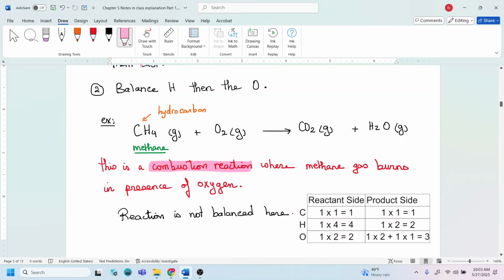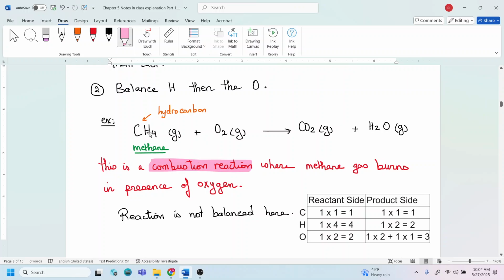For this type of reaction, our products are always going to be carbon dioxide and water. Now we want to balance that equation. If you can see, the equation is not balanced. You start with carbons, and the carbons are the same, true.